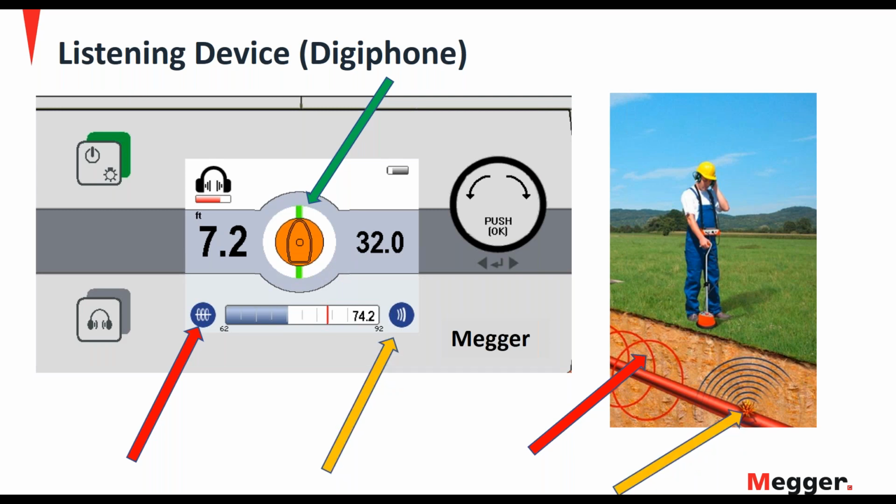So that's an indication to him that the thumper cycled, and now we have an electromagnetic field and a sound wave on that cable. And depending on where he's positioned, in this case, he would see a display that says 7.2, indicating he's got that sensor 7.2 feet away from the fault.